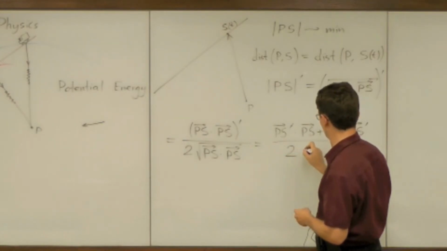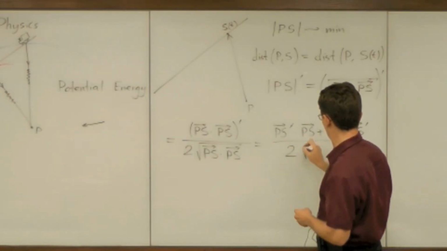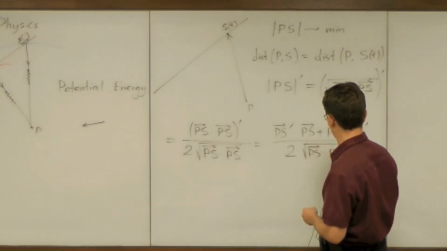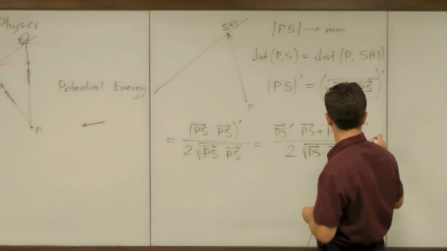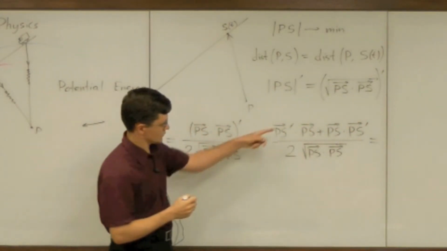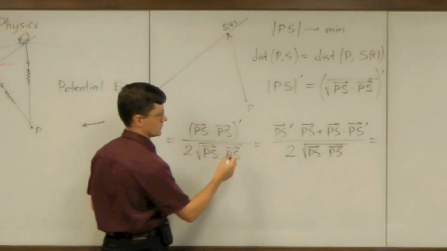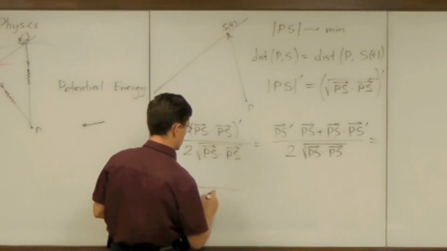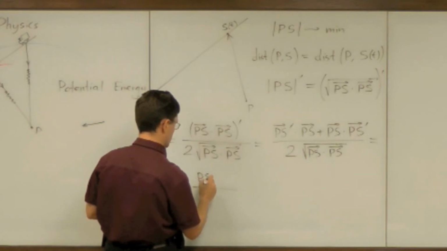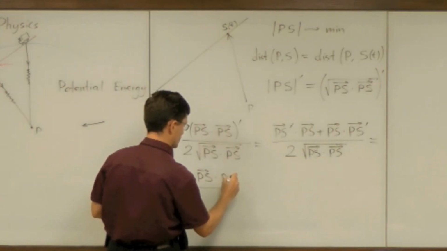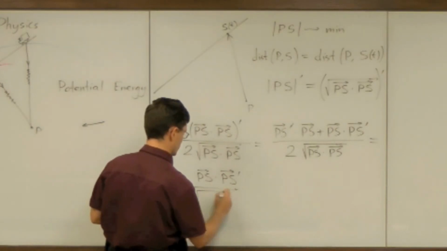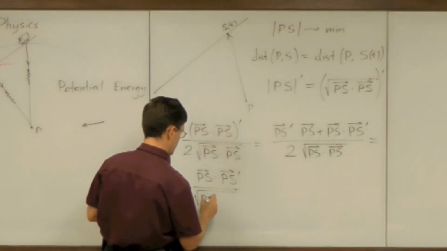Everything divided by 2 square roots of PS dot PS. And of course we can simplify the numerator. It is twice the dot product. 2 cancels. So I have PS dot PS prime in the numerator divided by the square root of PS dot PS.